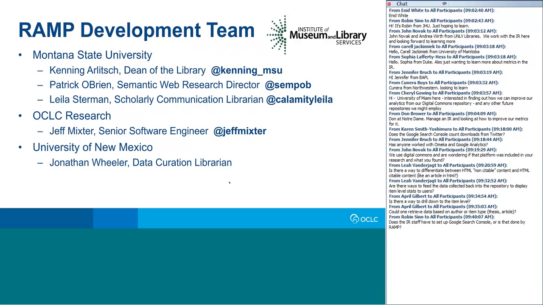I have a question. Kenning and Jeff, you mentioned that you'd like to have some Digital Commons participants. Are there any other types of participants that you're particularly looking to include in the pilot, or different characteristics that you wish you saw some more representation from?